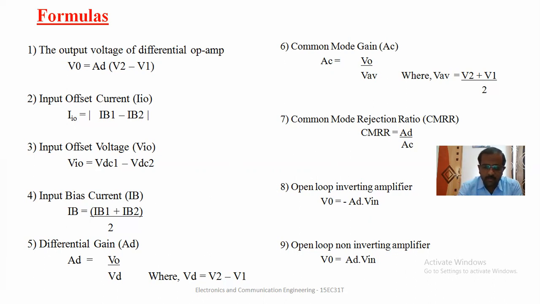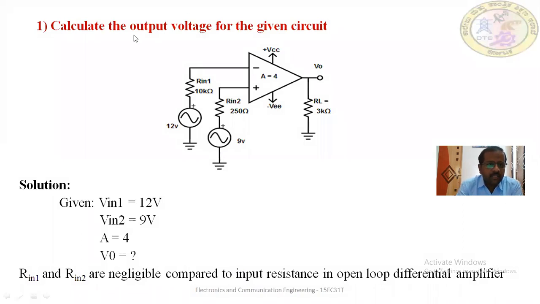I'm going to do sample problem one here. As per the problem, we are asked to calculate the output voltage for the given circuit. Observe very carefully: one of the inputs is connected to the inverting terminal, and its input is 12 volts, so I write Vin1 = 12 volts.